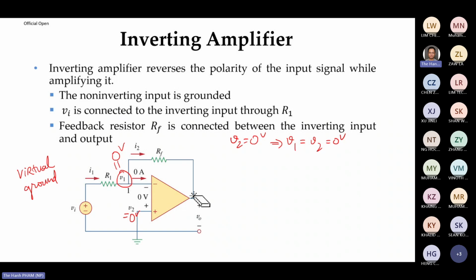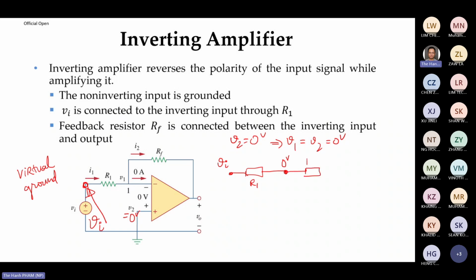To determine the gain of this circuit is very simple. At this point, the voltage should be VI, right? Then it goes through R1, then it goes to 0 volts. This point is 0 volts, right?